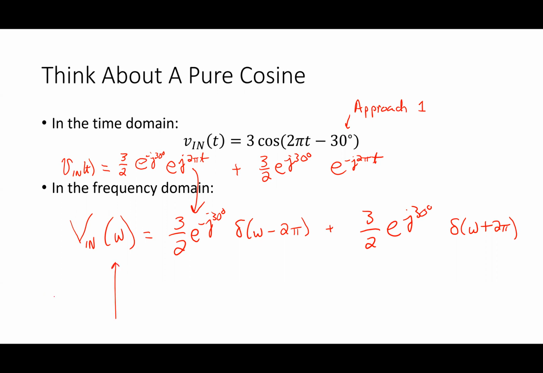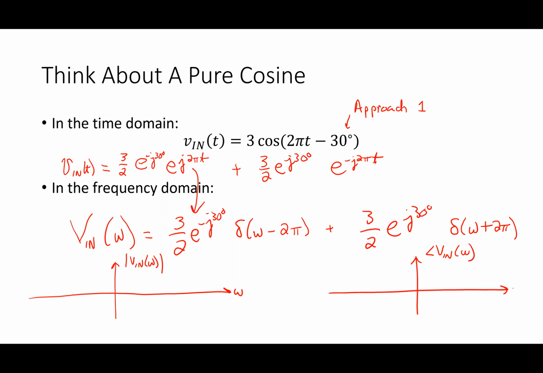I'd put the magnitude of Vn of omega here, and over here I'd have the angle of Vn of omega. I would have impulses for both of those. So for the magnitude, what would I sketch? Two impulses, right? Where would I put those impulses and what are their areas?